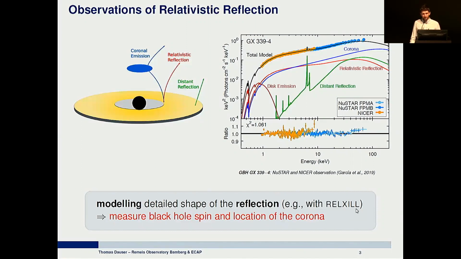Farther outside, we also see distant reflection, which I will not talk about right now. But what is obvious to probably most of you, and I still want to stress it, is that we need to model the detailed shape of this reflection in order to measure the important parameters we're interested in, like the black hole spin and the location of the corona. So a detailed model that we understand is of importance.